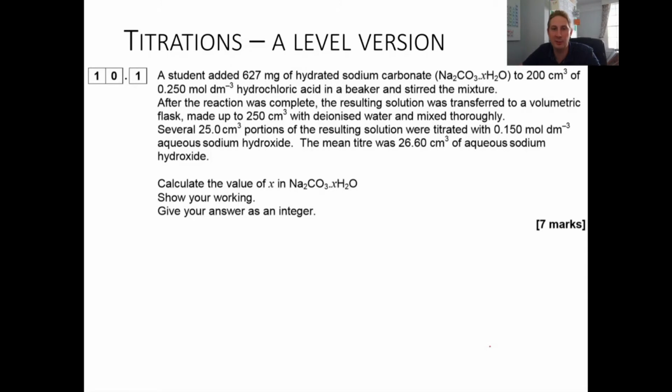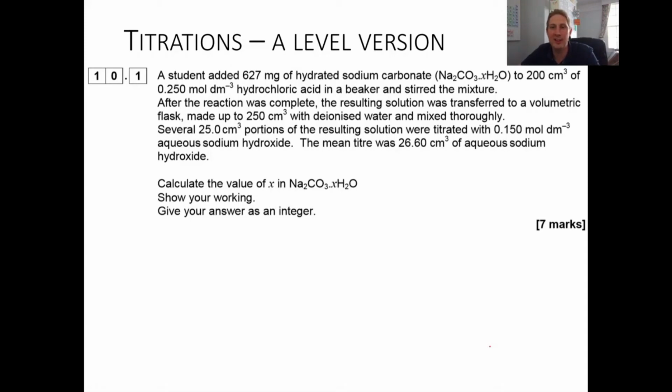Several 25 centimeter cube portions of the resulting solution were titrated with 0.15 mole per dm cubed aqueous sodium hydroxide. The mean titer was 26.6 centimeters cubed of aqueous sodium hydroxide. Calculate the value of X in sodium carbonate .xH2O. Show your working, give your answer as an integer, 7 marks.